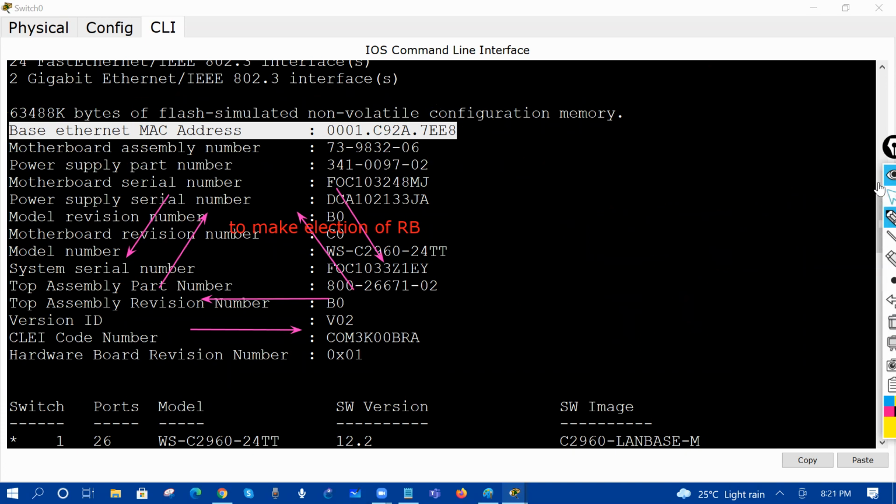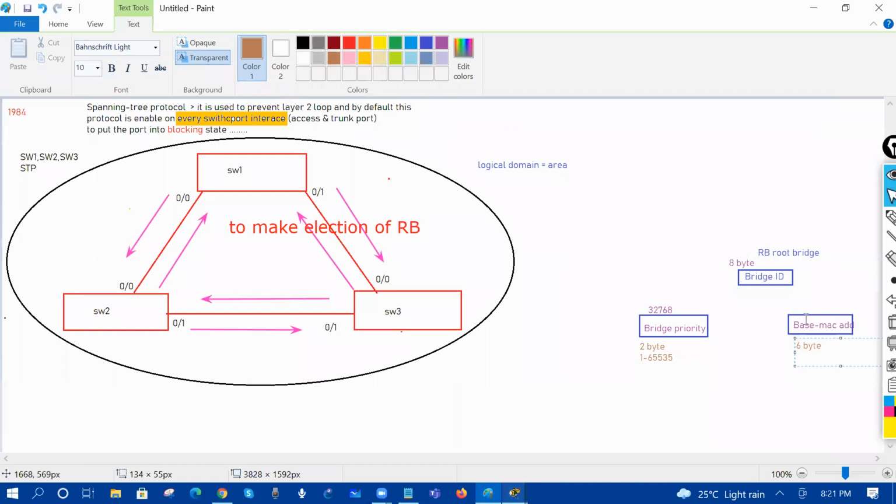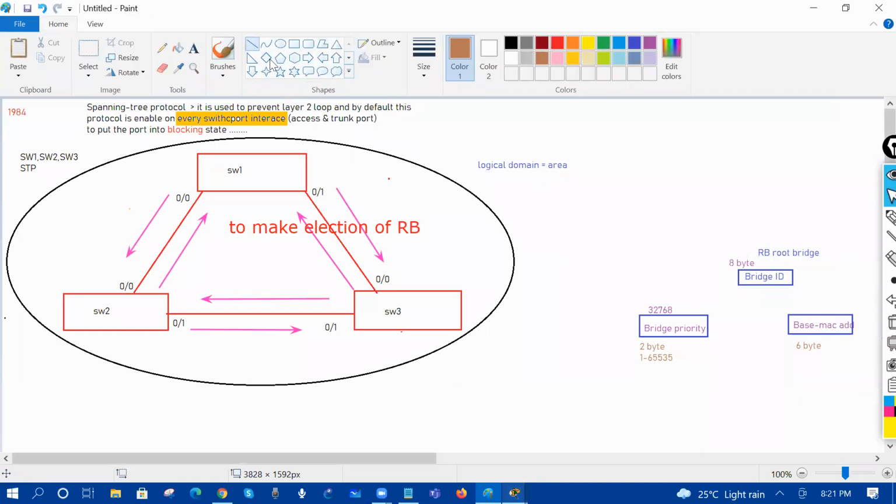So the bridge ID is a combination of two things: the bridge priority and the base MAC address. Guys, why am I using the term bridge here? Because in the 1980s, when Spanning Tree came into the picture, we called it a bridge, not a switch. That's why many terms in the Spanning Tree Protocol use bridge, not switch.